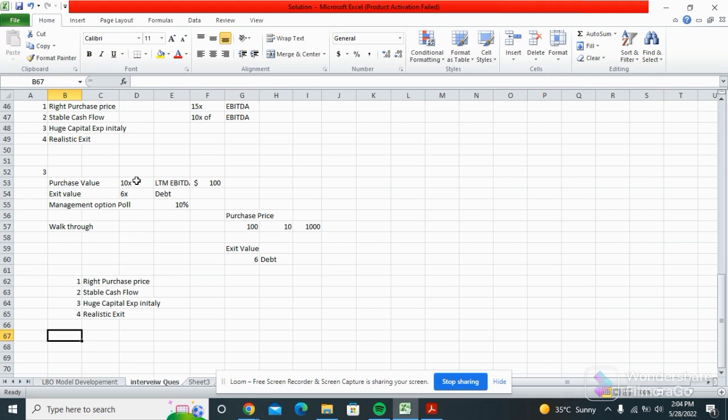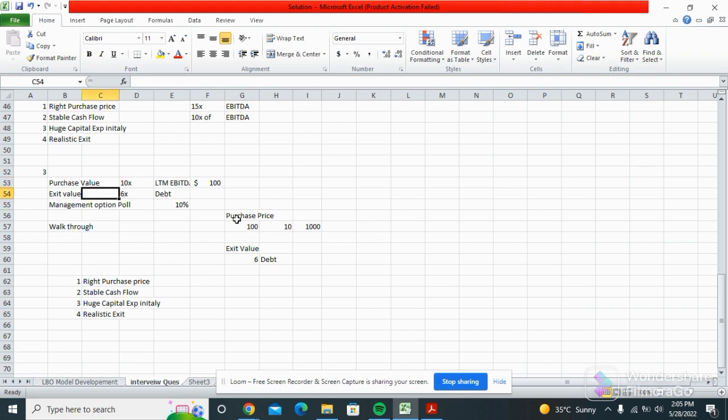So at the time of purchase, this is 10 times earnings before interest and tax, but at exit, the value is 6 times debt. So I consider that this is not a positive point for this company to be an LBO candidate. Secondly, we also have a management option pool of 10%, but as I noted in the first point, the purchase price is 10 times LTM, the last 12 months, but the exit value is 6 times that.